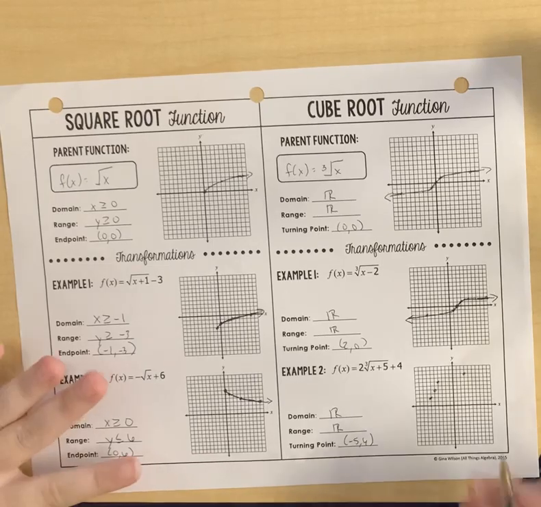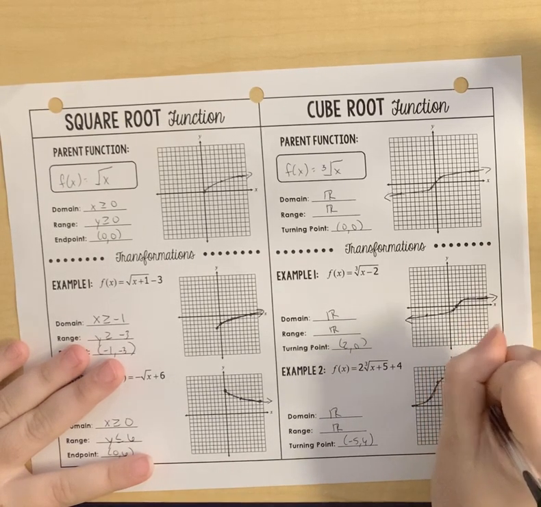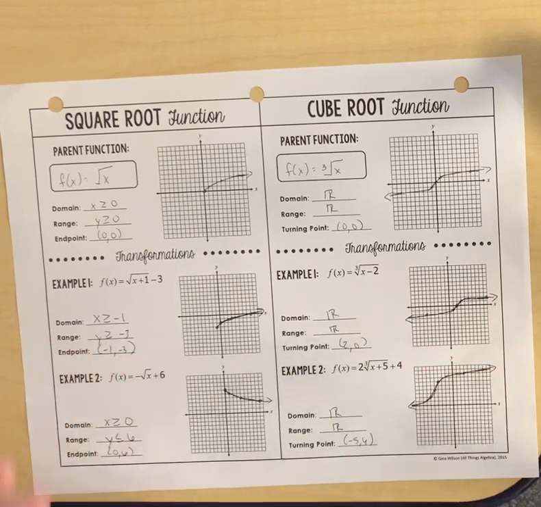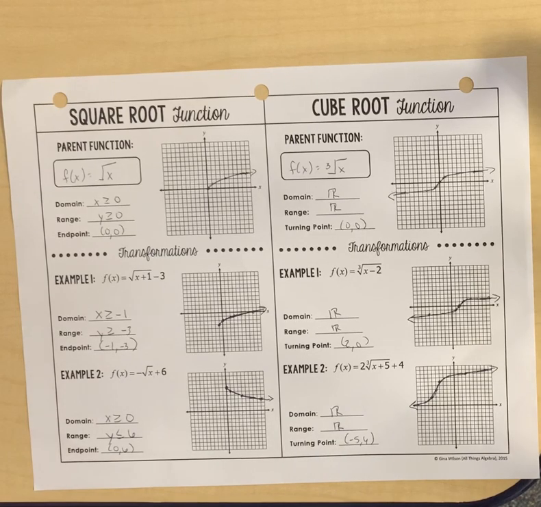And it looks like that's about it on there, on the whole numbers, at least. So it's going to look something like that. Okay. All right. So that is square root functions and cube root functions.